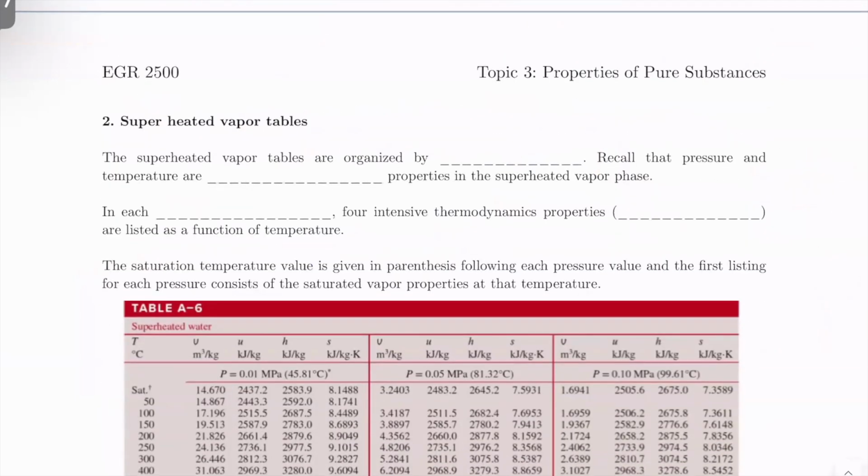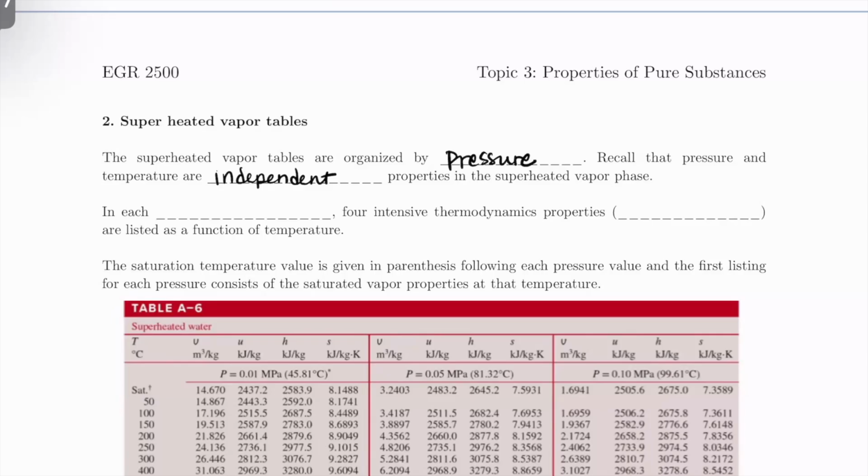Okay, so next we're going to talk about our superheated vapor tables. So these are organized by pressure. So if you remember, pressure and temperature are independent properties.